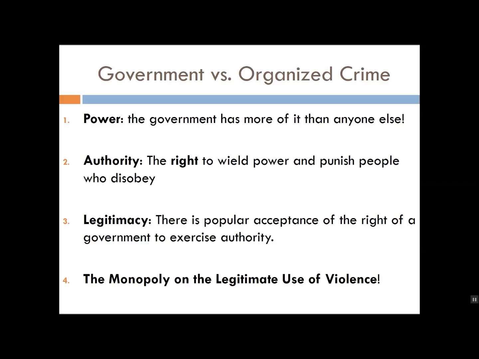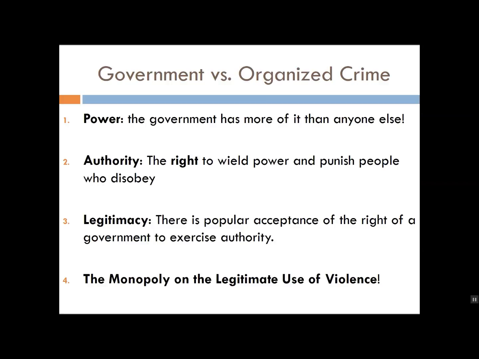And taken together, these three characteristics are what gives the government its monopoly on the use of legitimate violence. And that monopoly on the legitimate use of violence is, in and of itself, hands down, the single most important thing that distinguishes governments from other types of coercive organization.